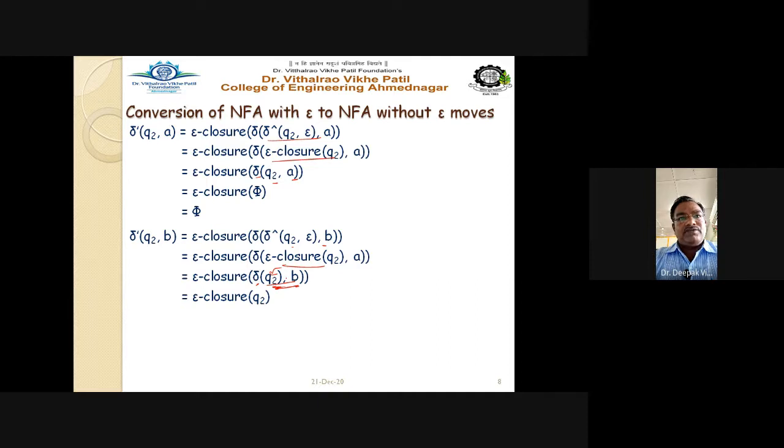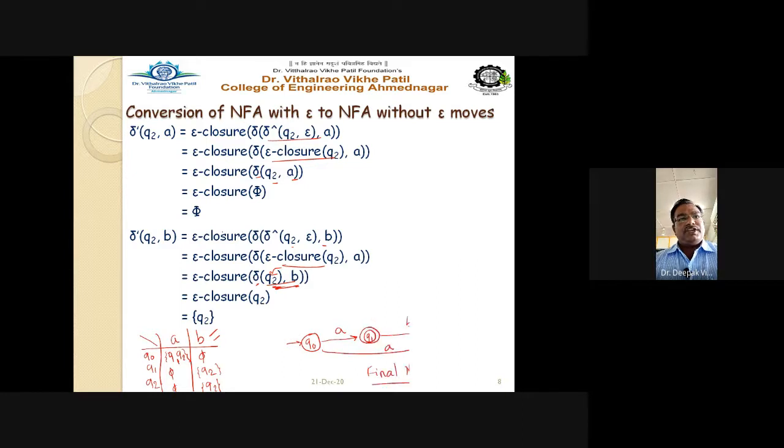Yes, to the state Q2 itself. So the epsilon closure of Q2 is nothing but Q2 itself. How many answers have we found? 2 plus 2 plus 2, that is 6 transitions we have found. So see here, this is the diagram, this is the transition table, and this is the final NFA.